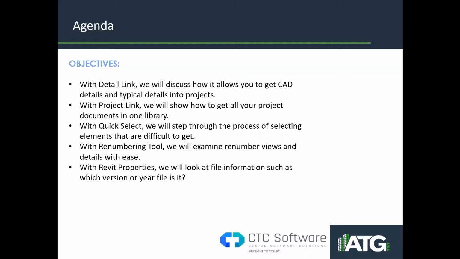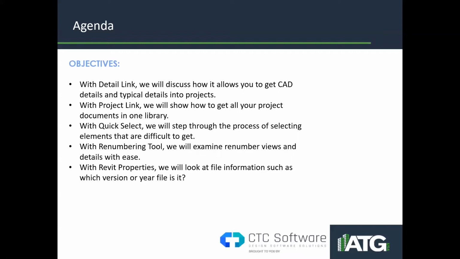But with Detail Link, we'll discuss how it allows you to get CAD details and typical details into projects as well as images. With Project Link, we'll show you how to get all of your project documents in one library, accessible within the Revit environment. With Quick Select, one of my favorite tools, we'll step through the process of selecting elements that are difficult to get at a really granular level.